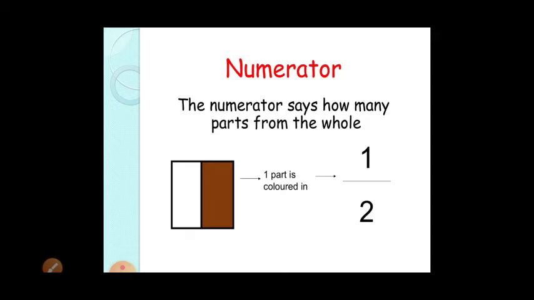Maybe your birthday cake is divided into 8 equal parts and you got only one part. So what will be the numerator for you? 1. So 1 by 8. That means 1 is the numerator, 8 is the whole. Out of 8 parts, you got 1.